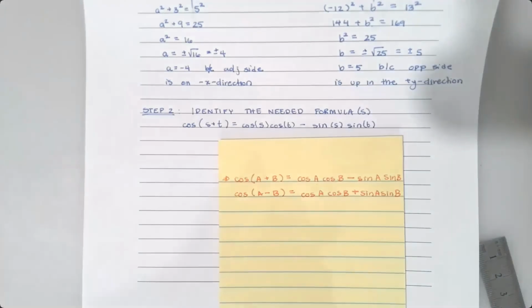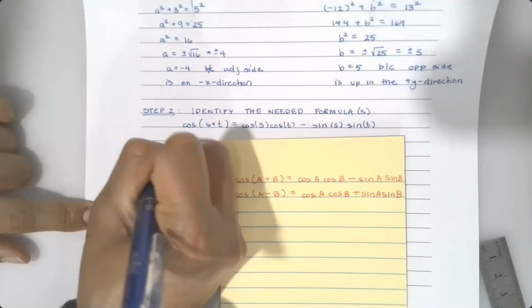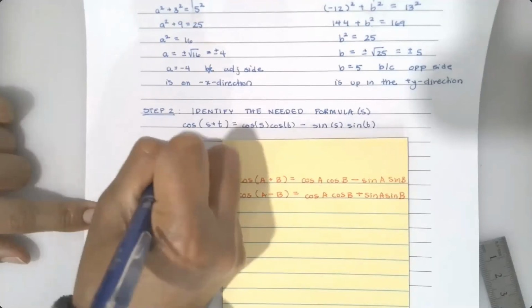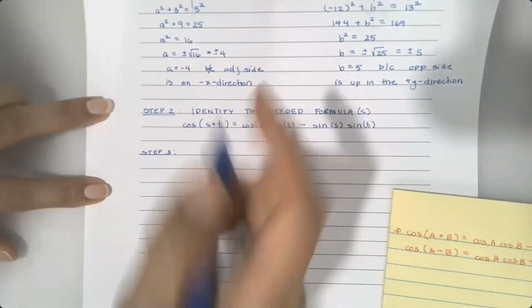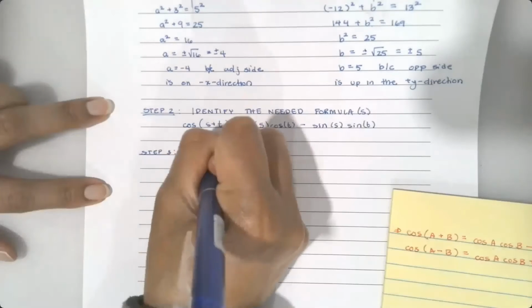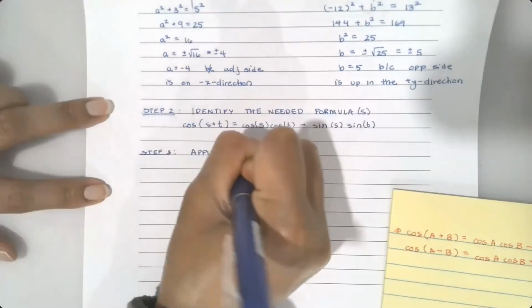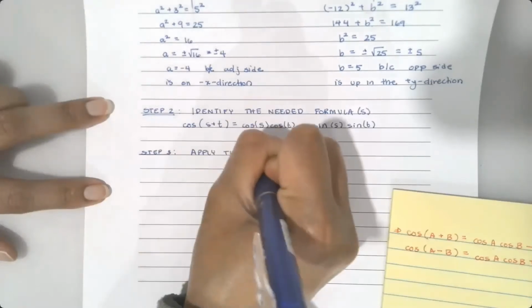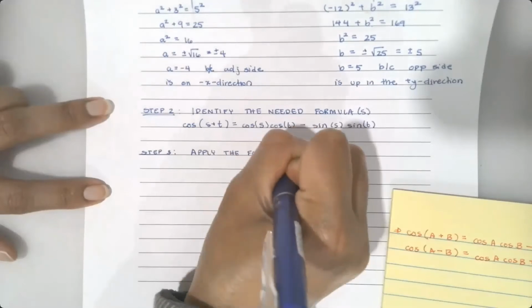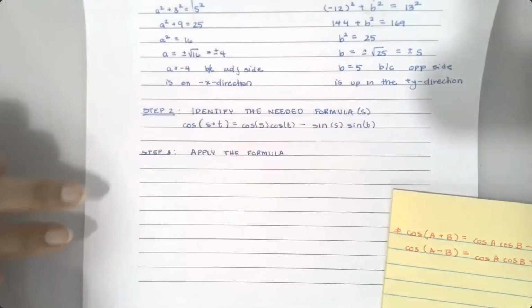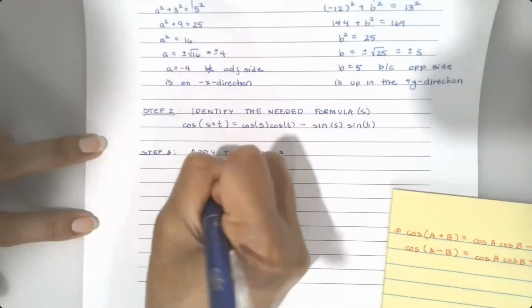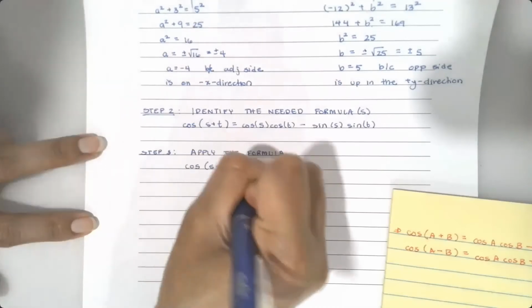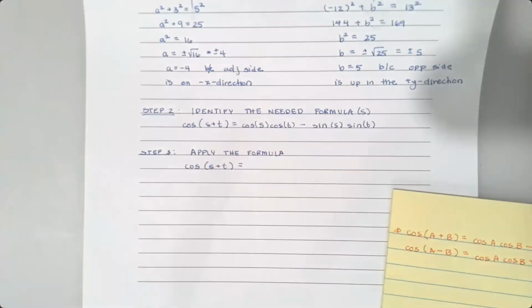All right. Now the next step is to apply the formula. So we apply the formula. We want cosine of s plus t, and that's going to be cosine of s.